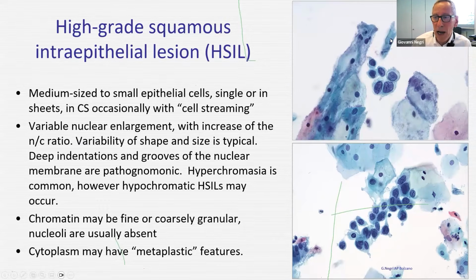You typically have hyperchromatic nuclei with abnormal nuclear cytoplasmic ratio, and what's very important, you have a very polymorphous picture with very polymorphous nuclei. Look here, these are only 6 cells, but you already recognize a very evident polymorphy. That's not normal. And if you look at this group of cells, you also see a very irregular membrane with grooves, indentations, and that's not possible in reactive changes or even in low-grade. So that's quite typical for a high-grade.